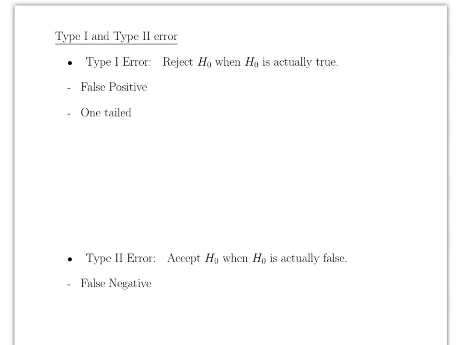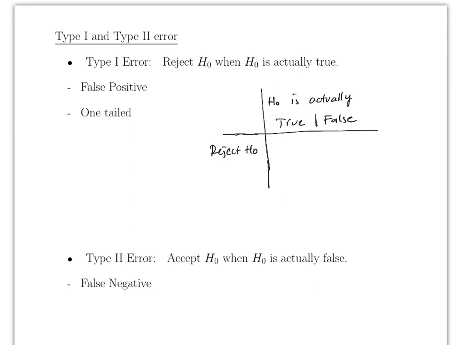So for that, let's do a table where you have H0 is actually either true or is actually false. That will be the first case. And then here we're going to have reject H0 or fail to reject H0. So there are four things that can happen, and two of them would be mistakes. So this is what I mean.